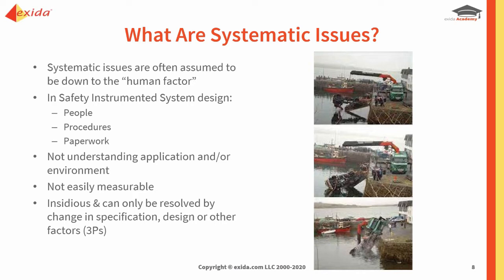The other thing is that systematic issues are not necessarily easy to measure. With equipment faults, those are relatively easy to see and measure. But systematic issues are insidious. They can only be eliminated by a change in the design specification, for example, the design itself.